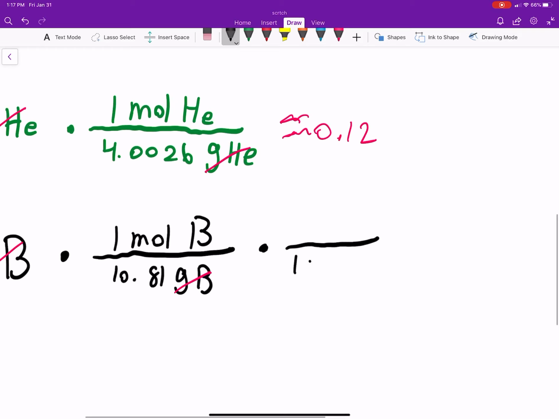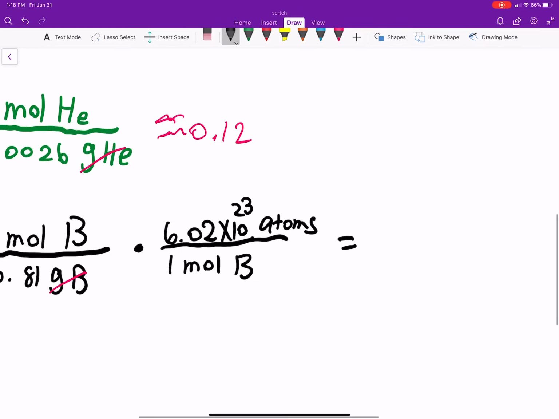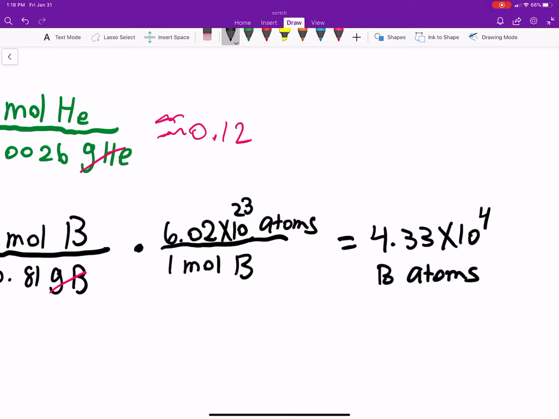Well, we also know that 1 mole, like we talked about in the last video, is 6.02 times 10 to the 23rd atoms. Now, if you plug that in, you should get 4.33 times 10 to the 4th atoms. So that's how many atoms are in that sample.